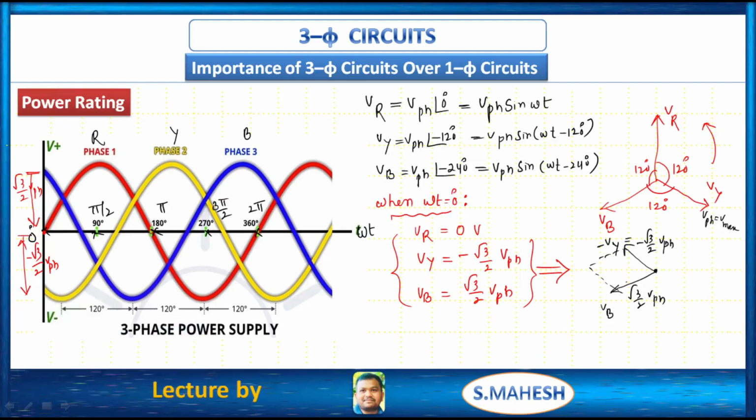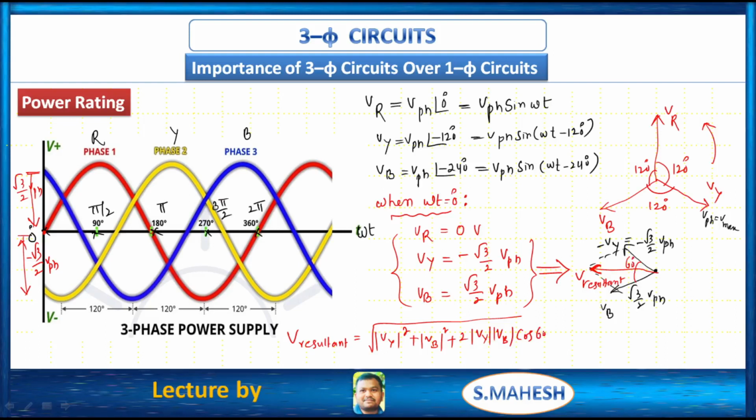By using the parallelogram law, we can get the resultant like this. Then what is the value of this resultant? To get V resultant, we can apply the parallelogram law, that is, mod Vy square plus mod Vb square plus 2 mod Vy mod Vb cos of this angle, which is 60 degrees.